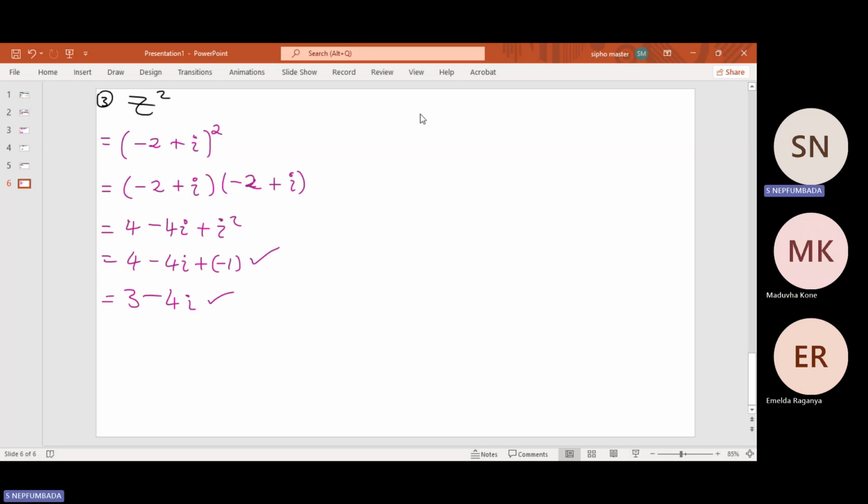Now, remember i squared equals -1. In other words, when they say i squared, we're going to substitute with -1. Did you get it? Yes. So can we now proceed? Yes. Okay.